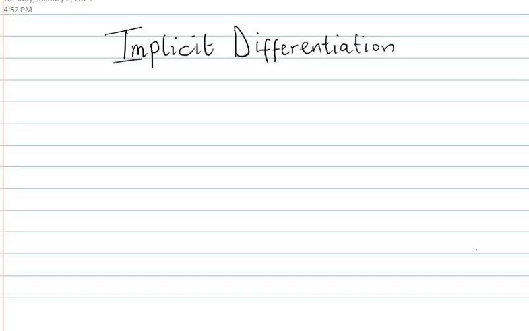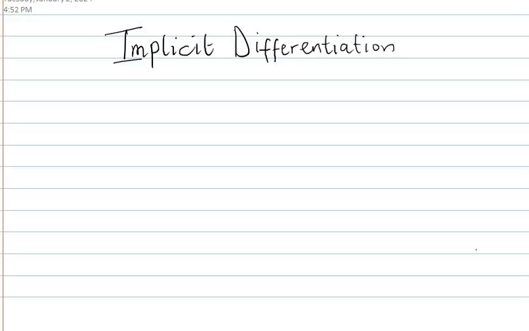In today's video we are going to see a special type of differentiation known as implicit differentiation. We are going to start with an explanation and then solve problems.